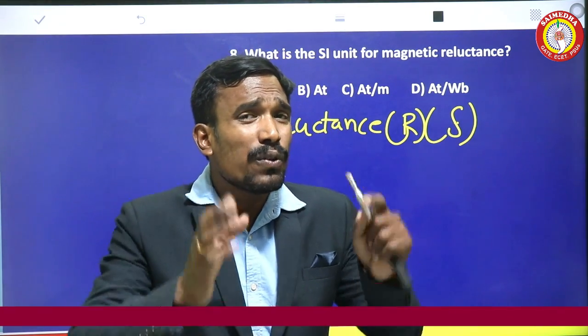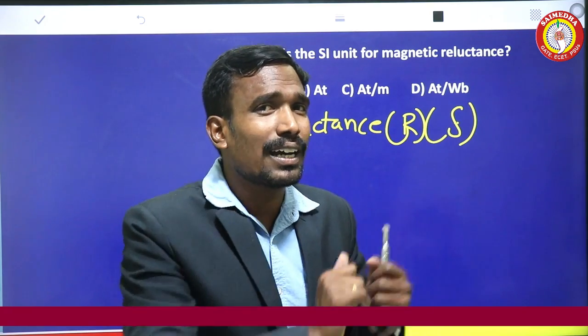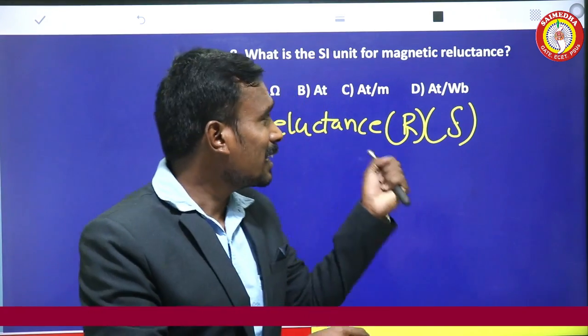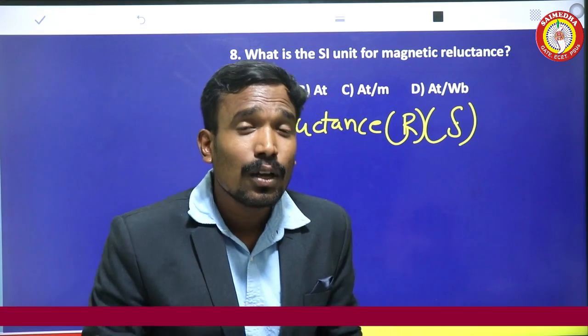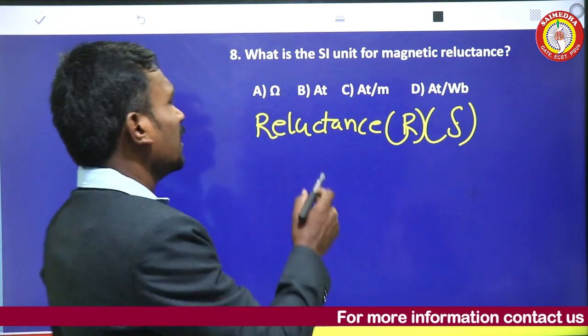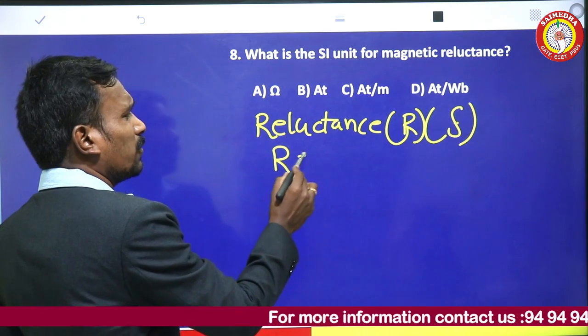Resistance is nothing but which opposes the flow of current. Reluctance is nothing but which opposes the flow of flux. So reluctance is nothing but which opposes the flow of flux.